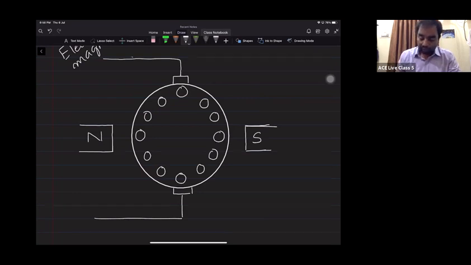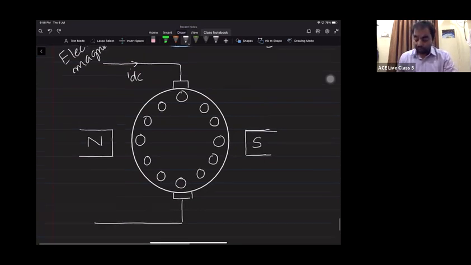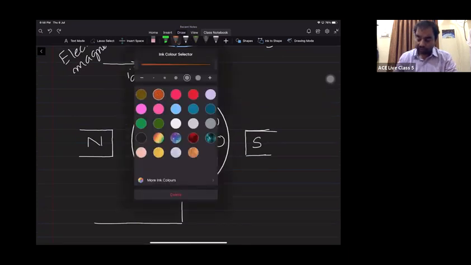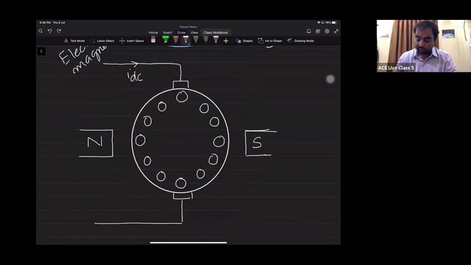And to this armature winding we pass one more DC. I'm not drawing windings here; every time I cannot draw that. So I'm passing one more current to the armature winding. The direction of current can be like this: one half of the armature winding may carry a cross, the other half a dot.